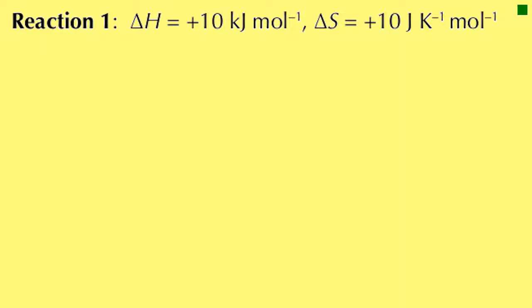So at what temperature would this reaction be feasible? Well, when it's just feasible, delta G is going to be 0.